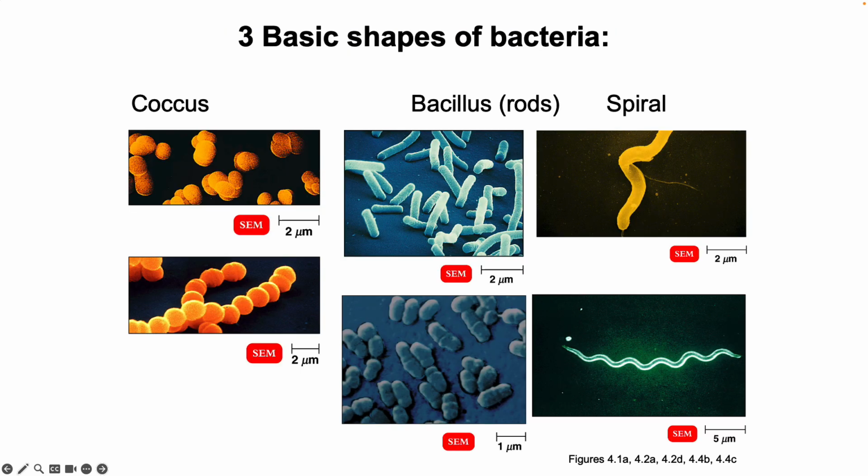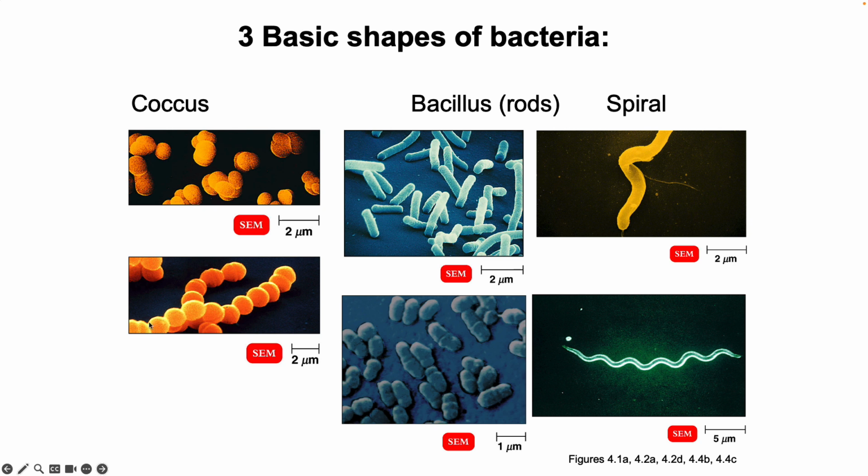Our three classic bacterial morphologies, and here I'm defaulting to bacteria because that's mostly what you're going to be looking at when you're looking at prokaryotes in the lab. You're not going to be really looking at any archaea. So our three classic bacterial shapes are coccus, which is this round shape that you can see in these two scanning electron micrographs. And you can see they can have different arrangements.